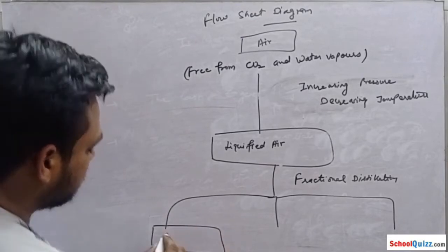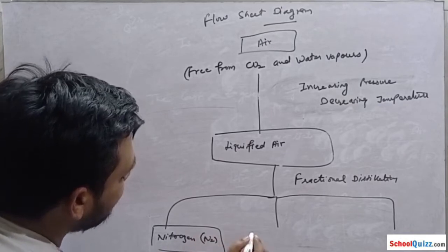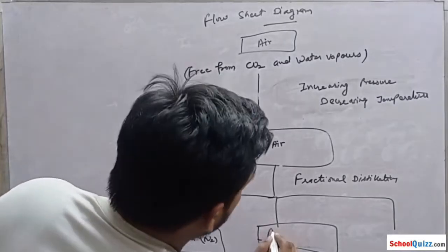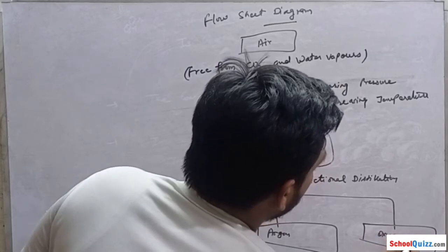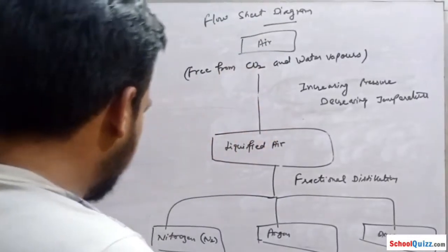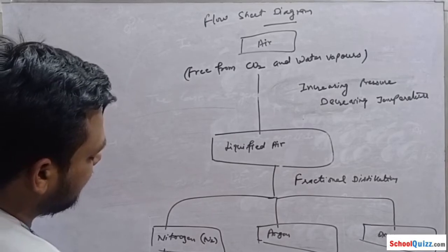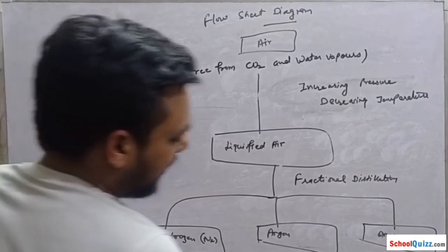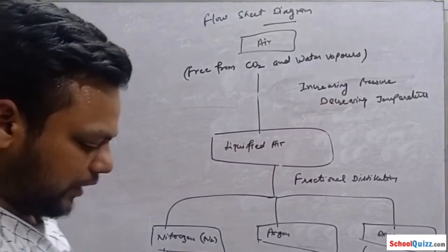Then here will be our nitrogen, that is N2, and here will be our argon, and then here will be our oxygen, as it has the least boiling point, and it has maximum boiling point.